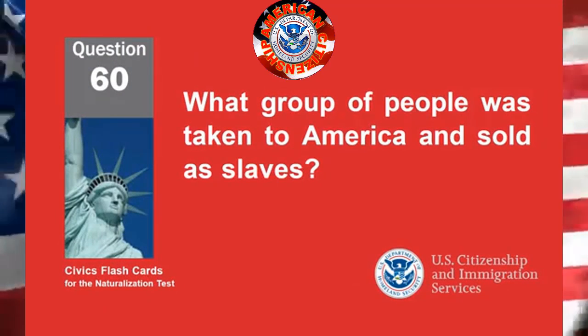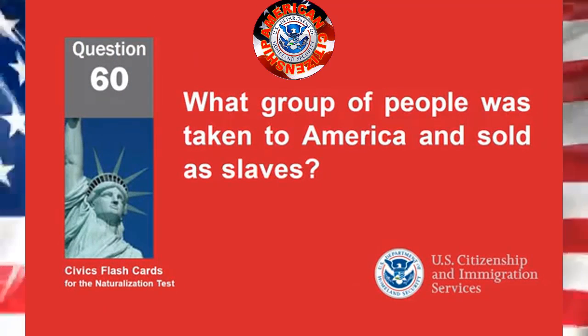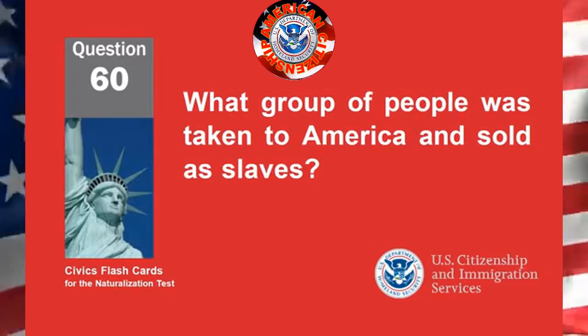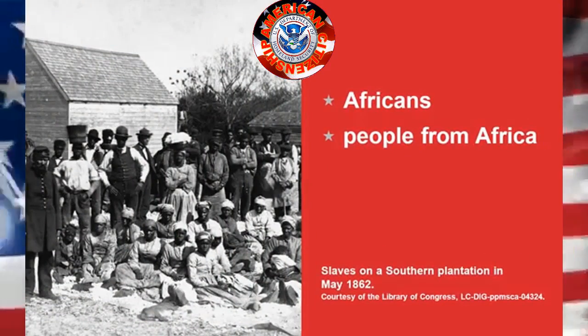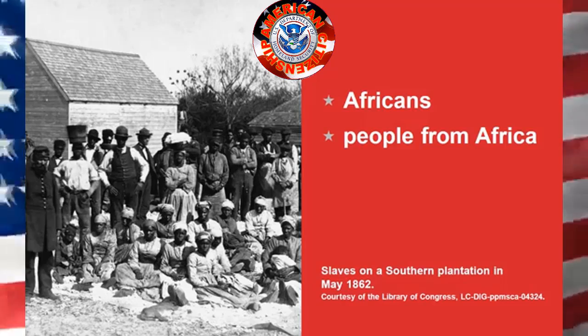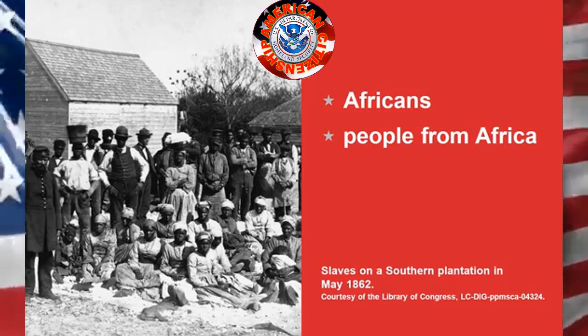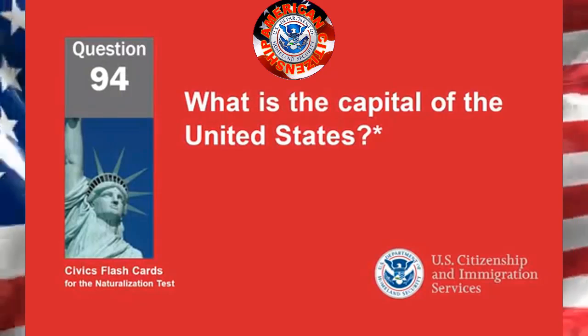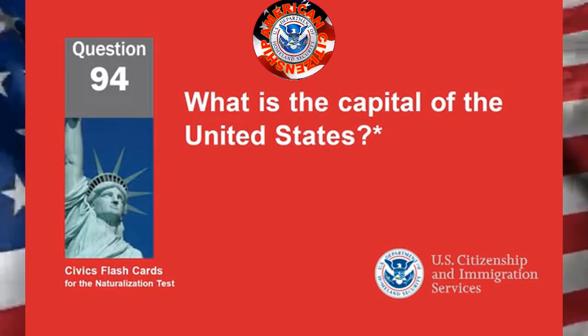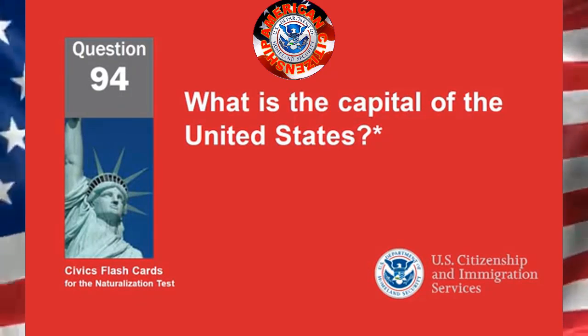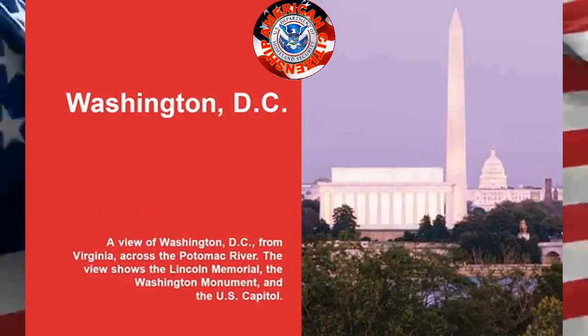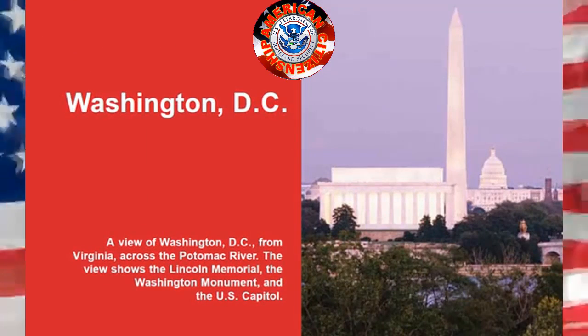What group of people was taken to America and sold as slaves? Africans, people from Africa. What is the capital of the United States? Washington, D.C.